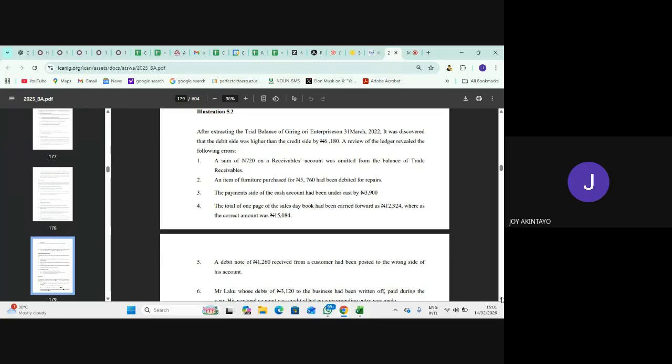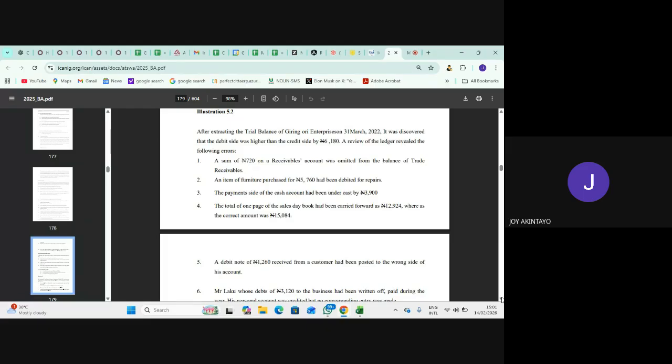You know, repair and maintenance fall under the expenses account. Yes or no? And a furniture account falls under which account? It is an asset. So instead of debiting furniture account, we now debit repair and maintenance account.